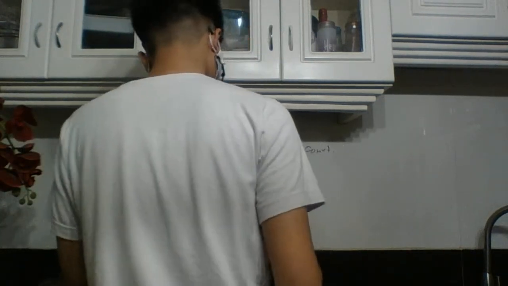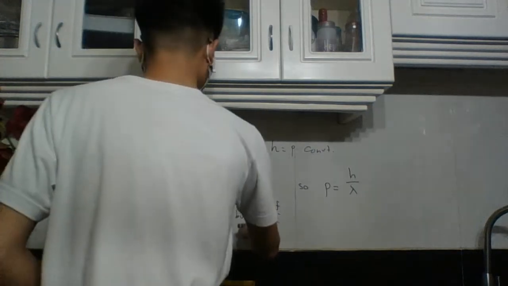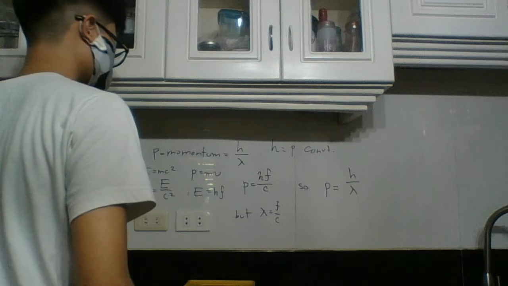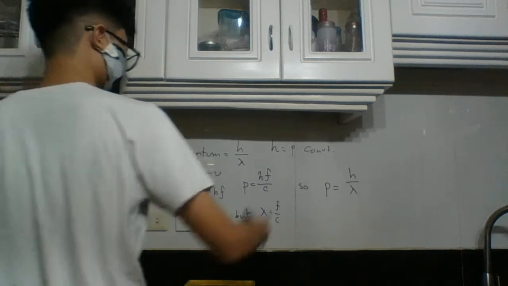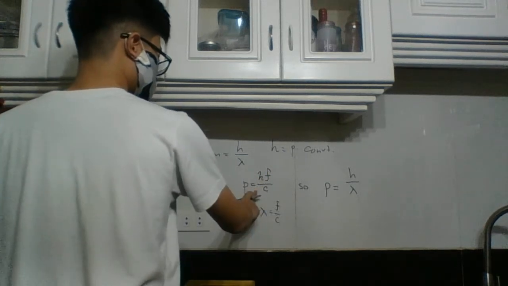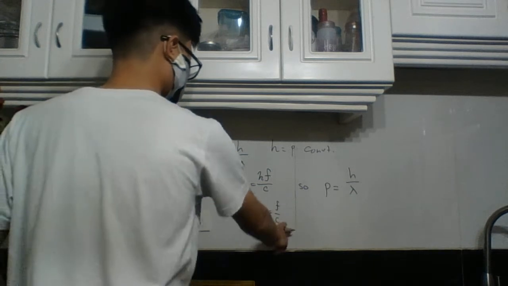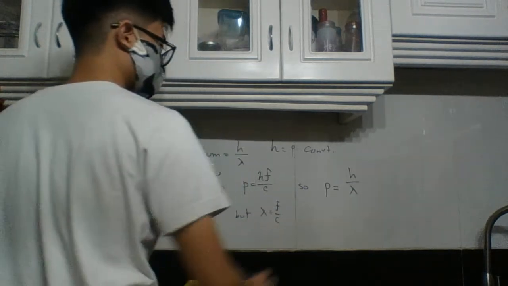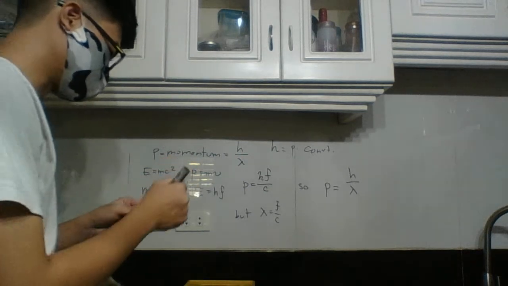So now the momentum P is equal to h bar over lambda. We just replace lambda with c over f, and then we get the final result, P equals h over lambda.